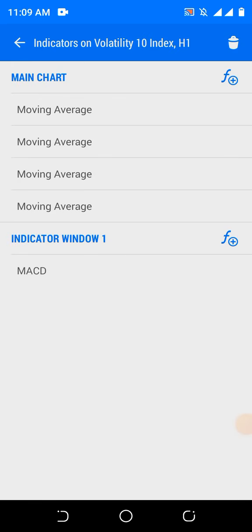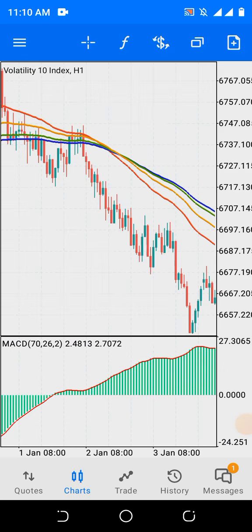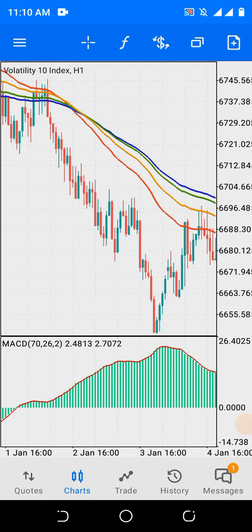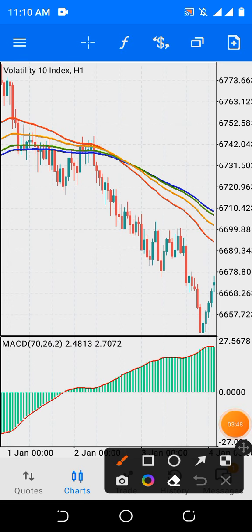I will show you how to make use of these indicators and record massive profit, and the reason for each indicator. Do you understand? So here is our chart. Here is the MACD indicator, like I said in most of my videos using the MACD indicator. Now here is the crossing of the MACD indicator.